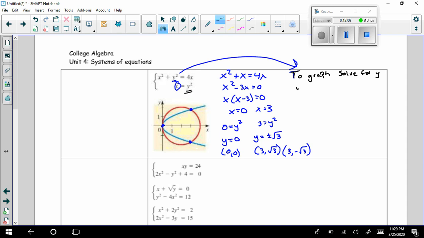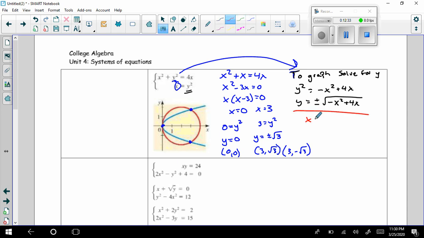And so you get y squared equals negative x squared plus 4x, and then y equals plus or minus the square root of negative x squared plus 4x. So in your graphing calculator, you're going to do both the positive and the negative of this, and then when you graph it, it should be the circle. Okay, same thing for the second equation.